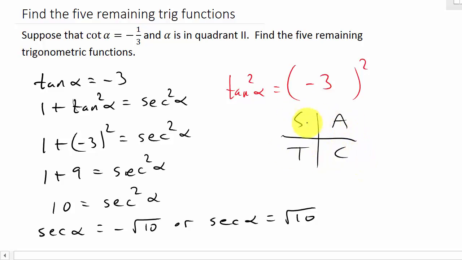So all the other trig functions are negative in the second quadrant. So secant alpha would be the negative square root of 10, and the positive option is not an option. So secant alpha is negative square root of 10.